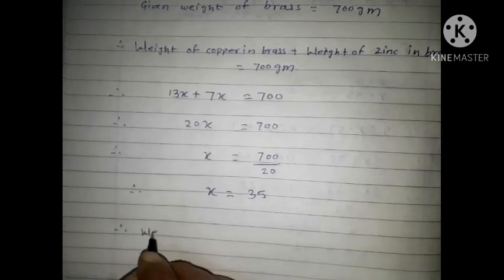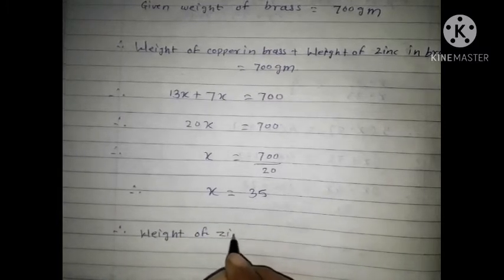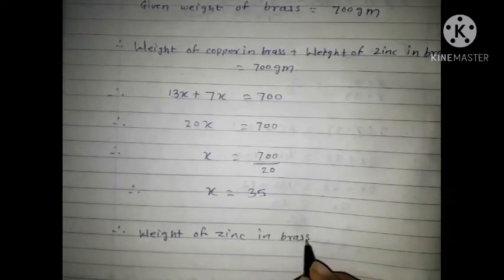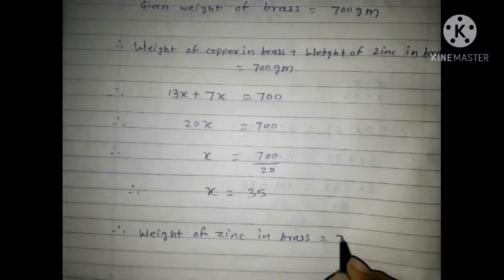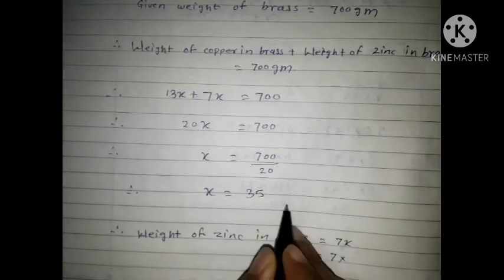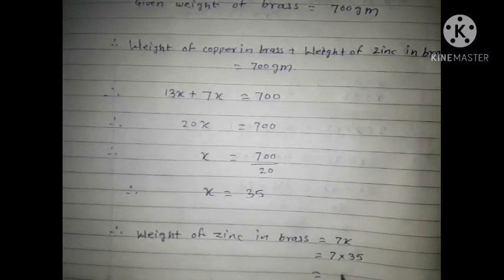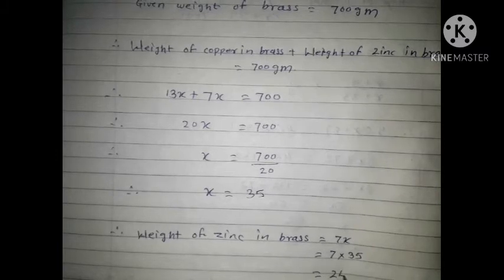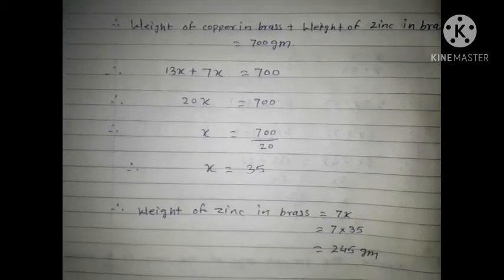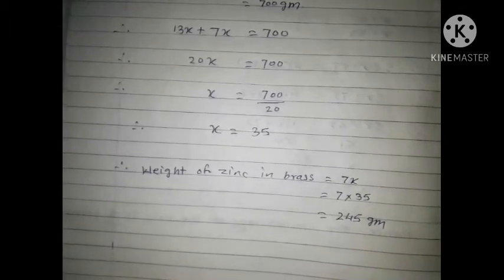Therefore the weight of zinc in brass is equal to 7x. Now 7 into x, which is 35, 7 into 35 is equal to 245 gram. The weight of zinc will be 245 gram in a brass utensil.